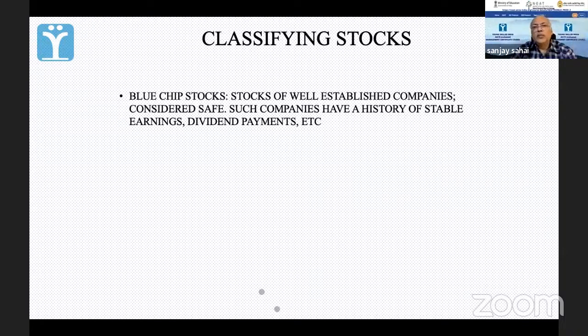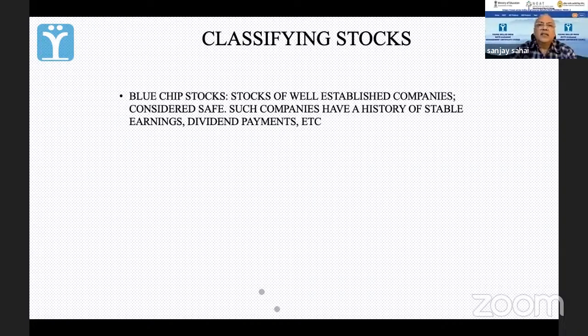So what are blue chip stocks? This is again a word which you will become very familiar with if you begin to read about equity investing. So blue chip stocks will be stocks of well-established companies. Companies which are there for a very long time, which are doing very well. These companies are considered to be safe.